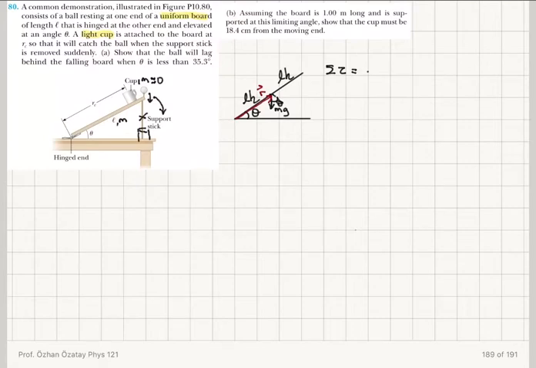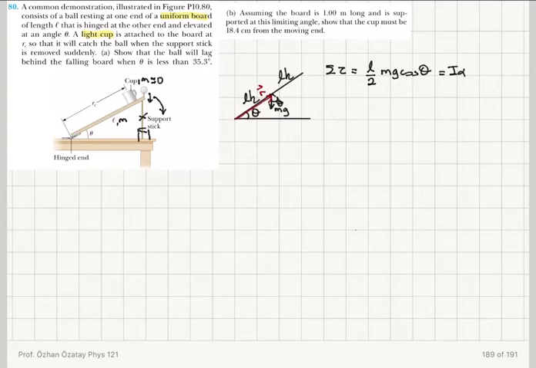So here is the vector r that connects the pivot point to the point of application of the force. So I'm going to have L/2 times mg cosine theta, the perpendicular component of the weight. So that will be my torque. So this is going to give me moment of inertia times alpha.